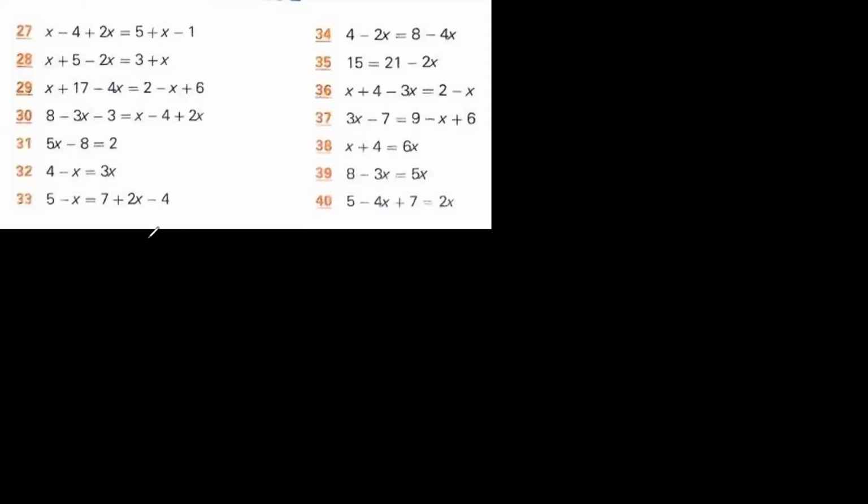So look at this one: 3x minus 6 minus 4 equals 2x minus 2 minus 2. So I want all the numbers on the left-hand side. Sorry, all the terms.